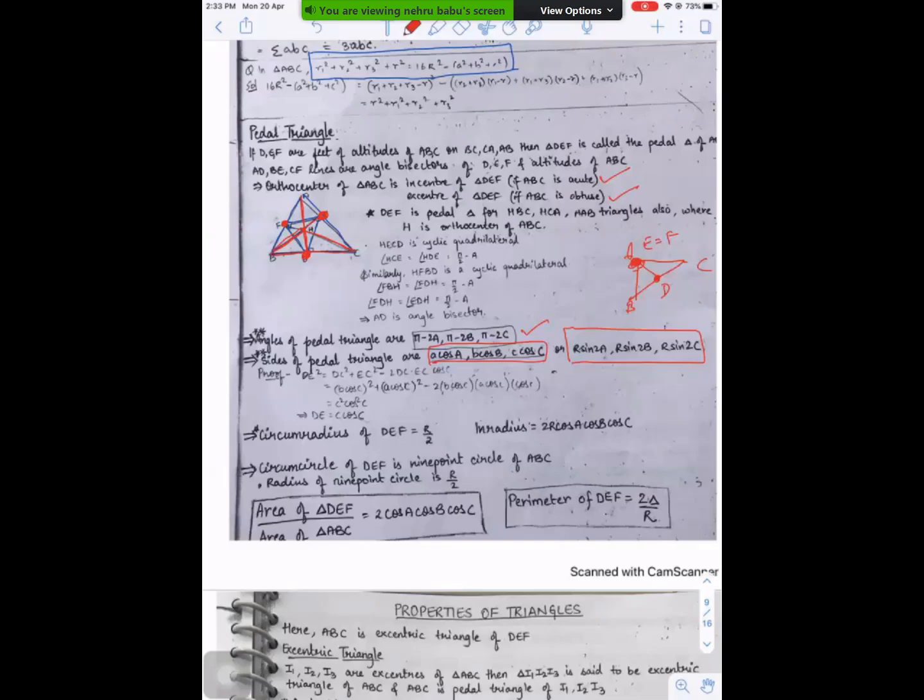Reason is, if you see this triangle HBC, the orthocenter of HBC is A, and this A is the excenter for the DEF triangle, because we know A, B, C are excenters for the DEF triangle.